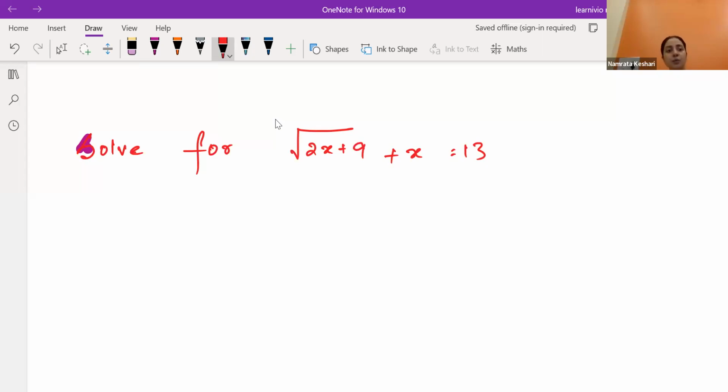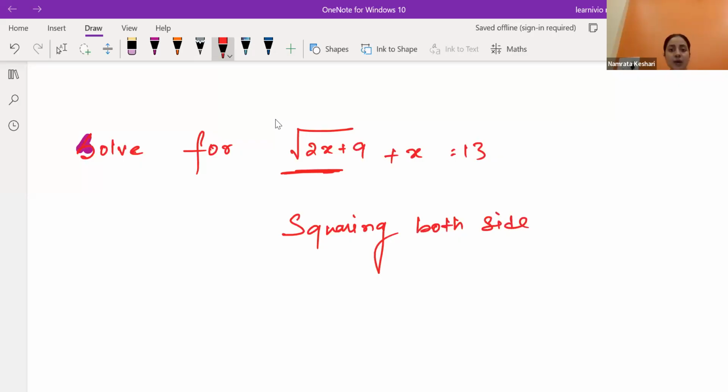Without any purpose we are not squaring. Since we want to remove this square root sign, we have to square both sides. Let's do squaring both sides.